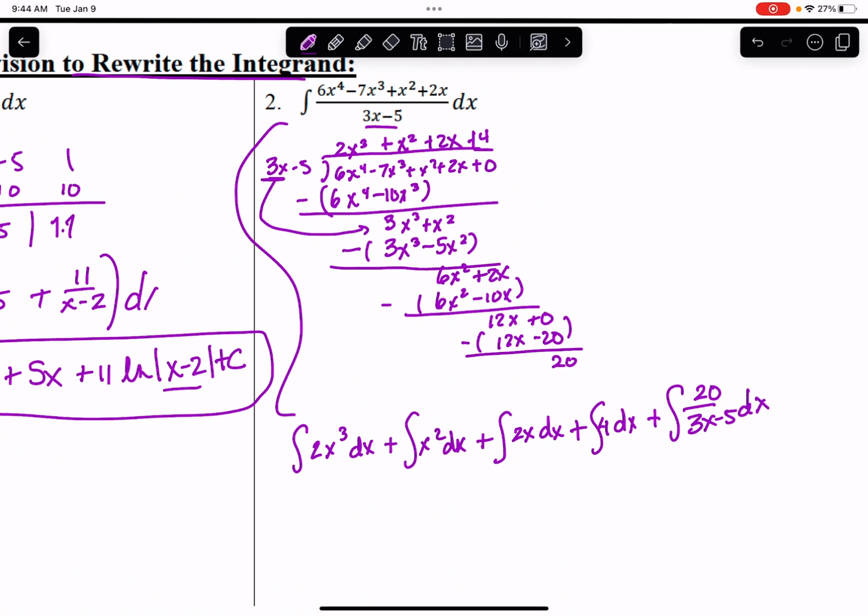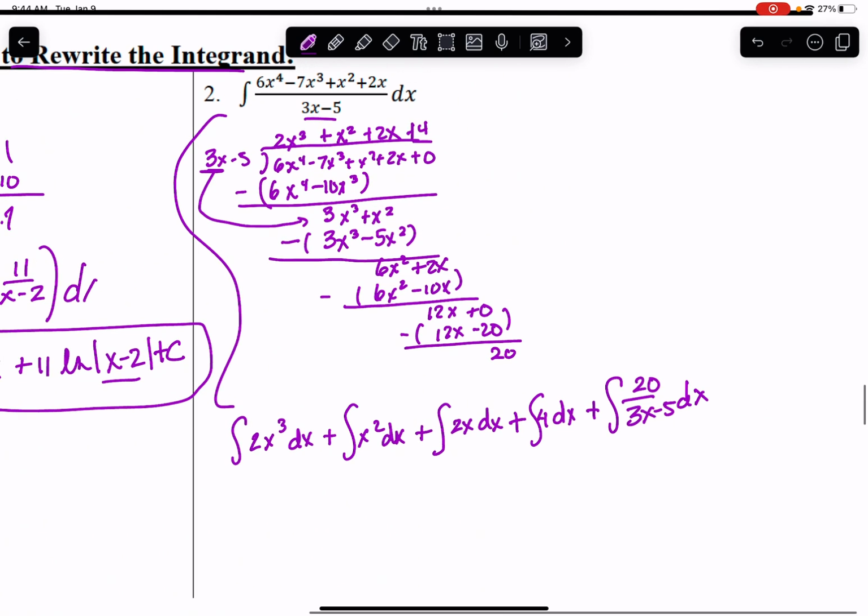Sorry, wrong, the 4 goes on the outside. There we go. All right. So I think, let's see, the only one that might need u substitution is this guy. So we'll get to him after we do all these other integrals that we can do.